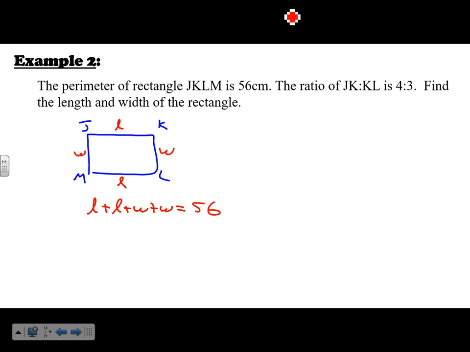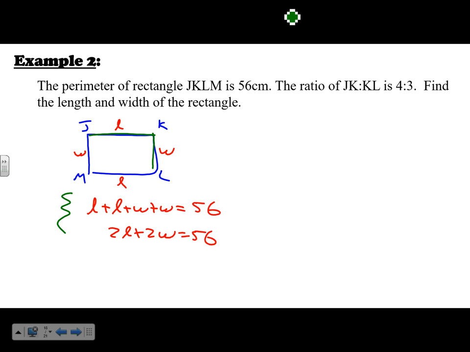So that's 2 length plus 2 width is equal to 56. We can't solve for either of those. They say the ratio of JK to KL is 4:3. The ratio of JK to KL, so the length to the width, is 4:3.